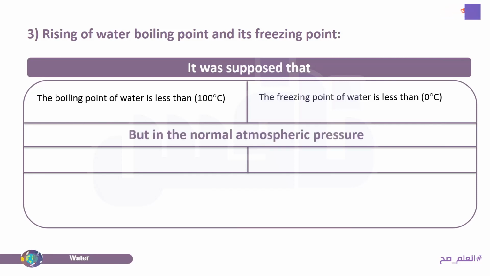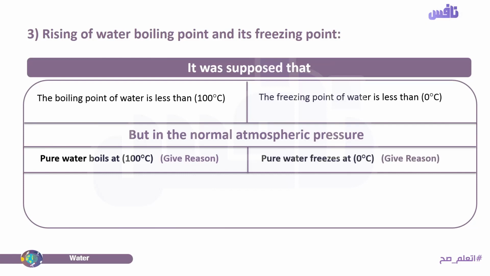But in the normal atmospheric pressure. بس في حالة الضغط الجوي العادي the pure water boils at 100 degrees Celsius. عند pure water اللي هي المياه النقية ممكن إنها تغلي عند 100 درجة and the pure water freezes at 0 degrees Celsius. ممكن إنها تتجمد عند درجة الزيرو.